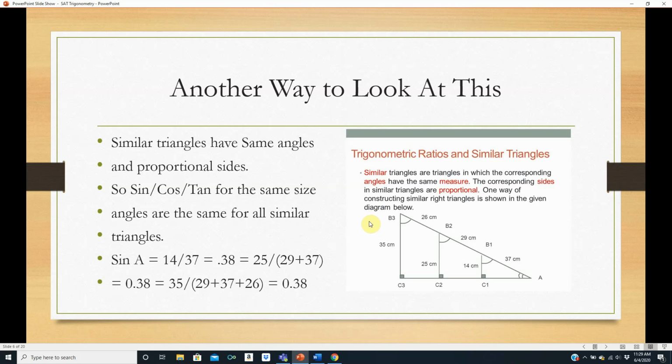If you try these using your calculator, you'll notice that they'll round off a little bit differently on your calculator, but they all work out to about 0.38. If we could do it a little more exactly, it would work out exactly, but there are rounding errors.